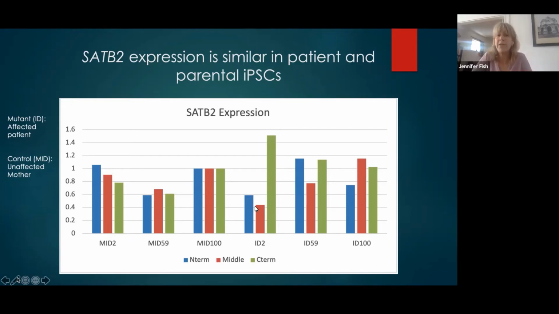And this is what we would expect because there's a deletion, there's no RNA produced because that piece of DNA is missing. With these other two patients, you can see that they are pretty similar. They're not much lower than these maternal individuals. And that's also to be expected because there are mutations there, but there's still the RNA there.